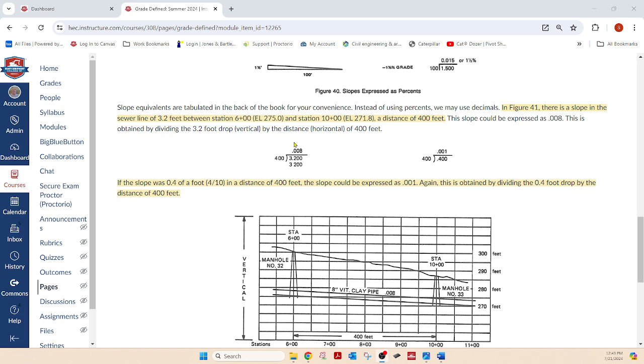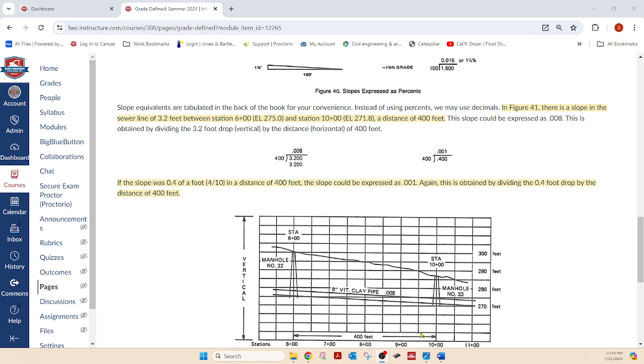I made a mistake, I forgot the 0.8. So in this case, from here to here, they're sticking with the top of the pipe, I think, but you should be worried about the bottom. They have a fall of 3.2, and it's over 400 feet.